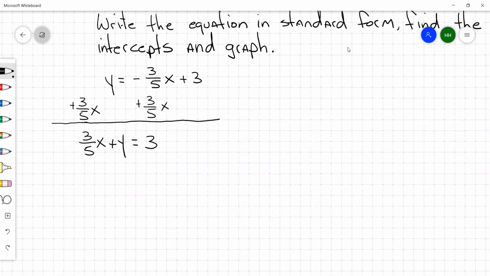And now, since we need all whole numbers, we got to multiply. In the last equation, we multiplied everything by 4. Now we got to multiply everything by 5, because this 5 is sitting in the denominator. Agreed? So we're going to multiply by 5.